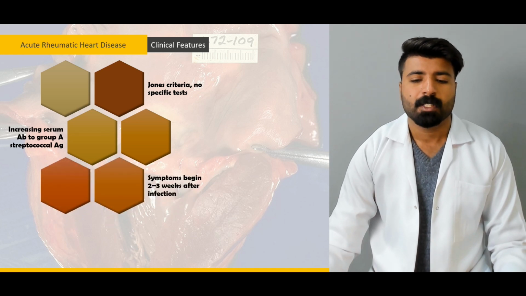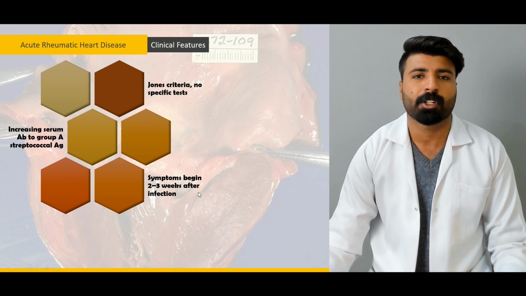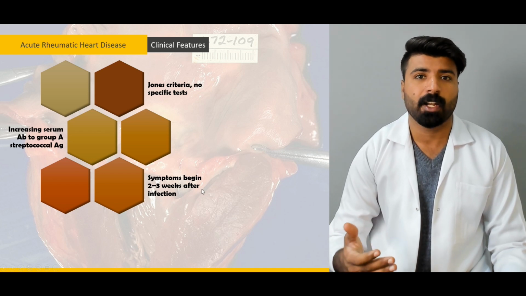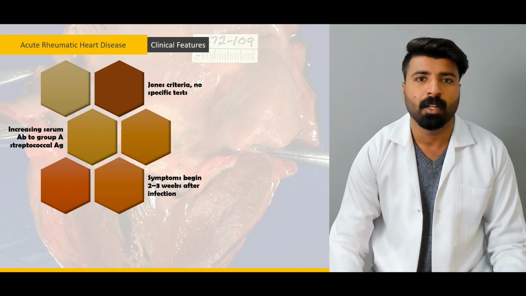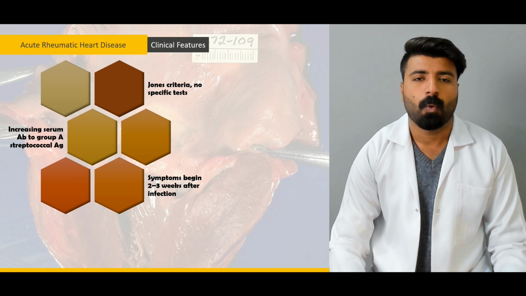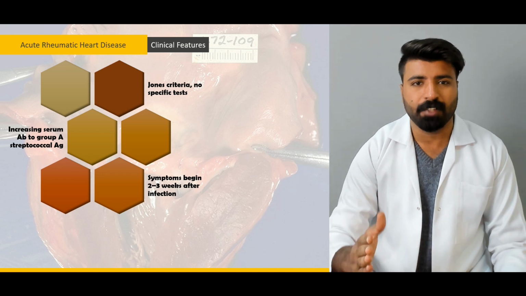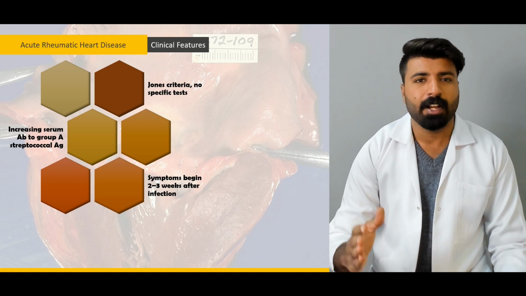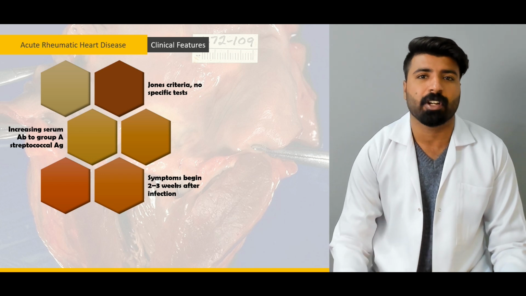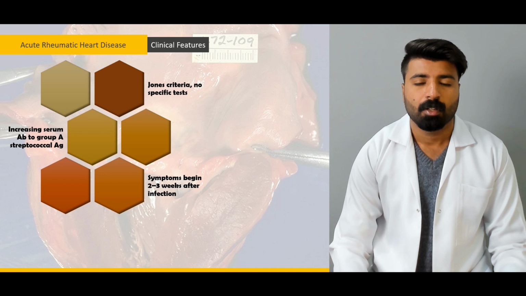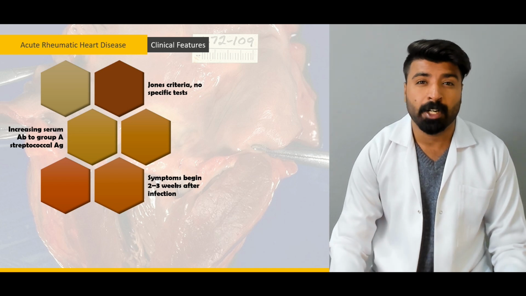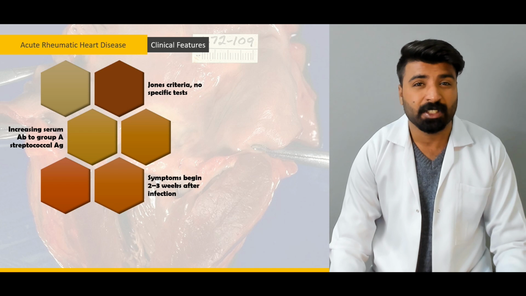Number 3, symptoms begin 2 to 3 weeks after infection. Now, this is very important. We talked about it: yes, a throat infection comes in, a pharyngitis comes into play. After the pharyngitis, what happens? It takes 2 to 3 weeks for this kind of autoimmune disease to trigger and to affect you. So it makes more and more antibodies and more and more cytotoxic T cells.